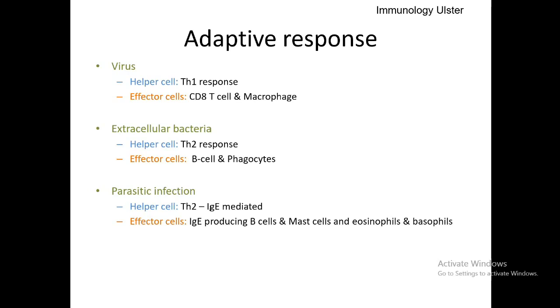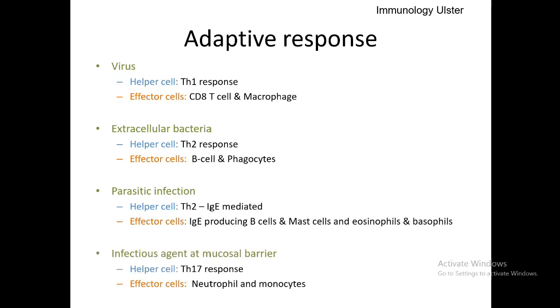And in terms of effector cells, it requires IgE producing B cells, and the other cells that it requires are mast cells, eosinophils, and basophils. Okay, so there's a bit more going on with the parasitic infection, and again we'll cover this in a wee bit later on in the lecture.